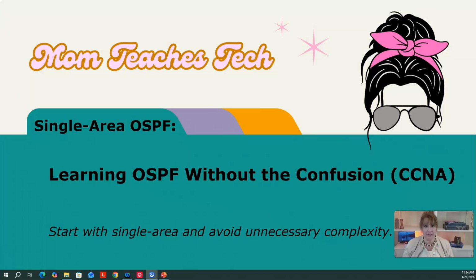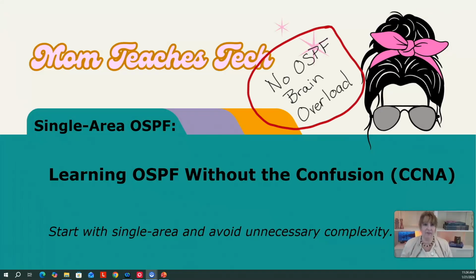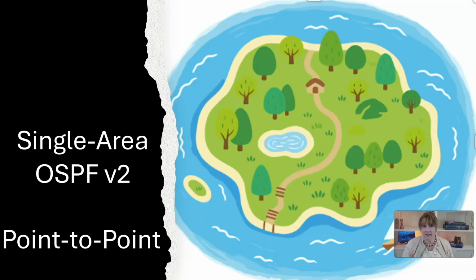To combat the OSPF overload, I just want you to pretend that there's only one type of OSPF, and that type is Single-Area OSPF v2 in a point-to-point network configuration.